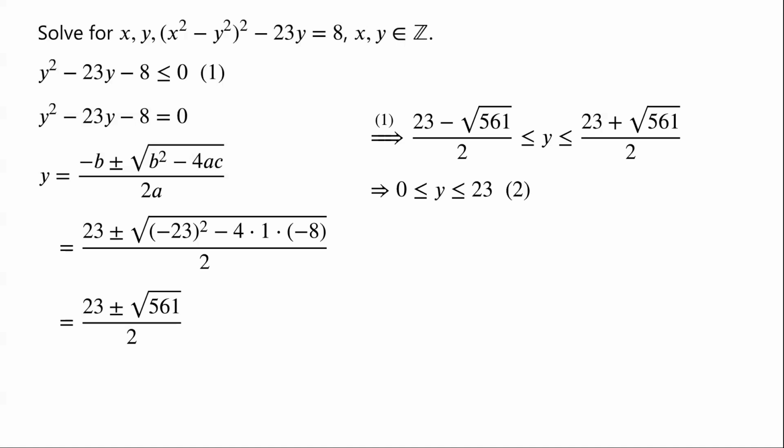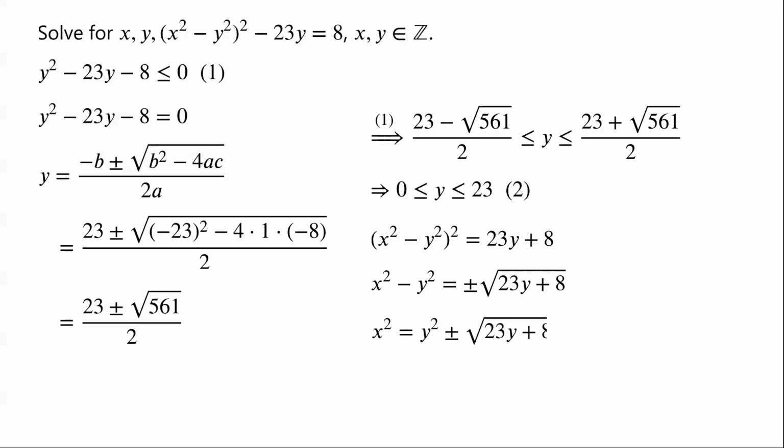For each value of y, we can find x from the original equation. Rearranging the original equation, we have (x² − y²)² = 23y + 8. So x² − y² equals plus or minus √(23y + 8).